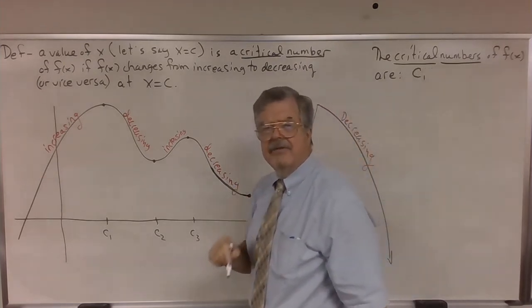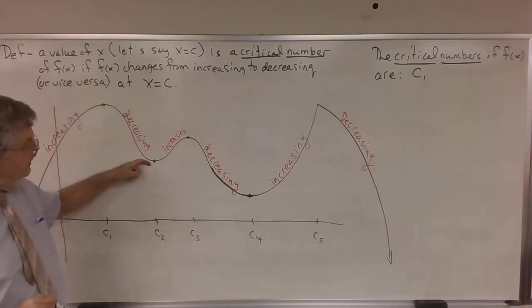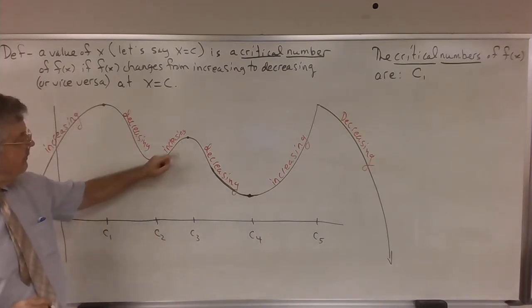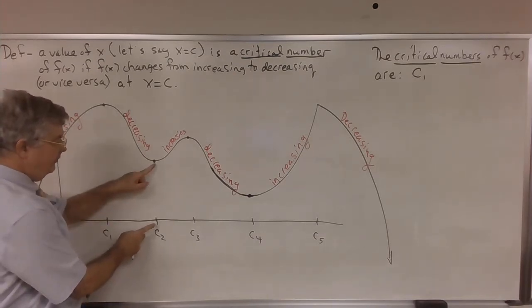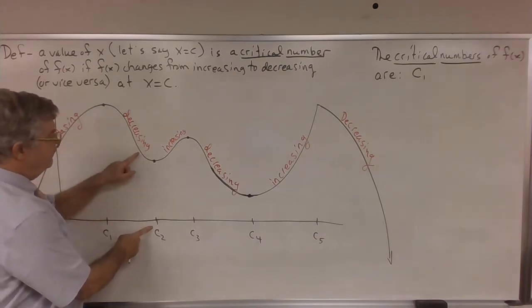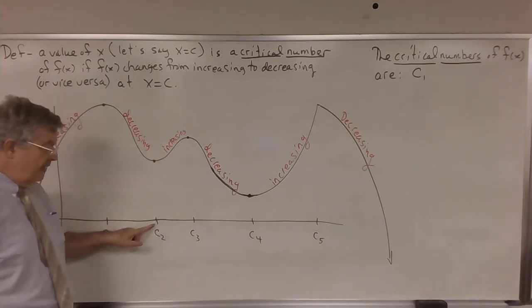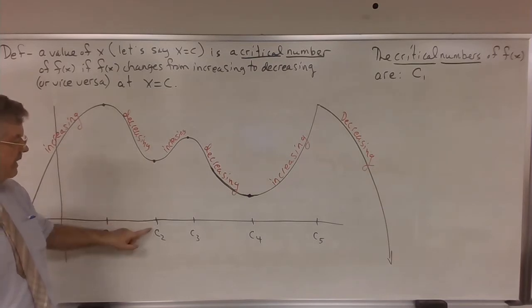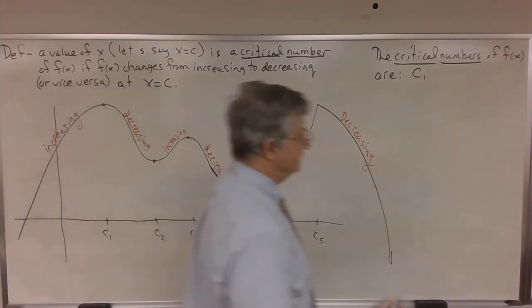Do we have any others? Well, here the function's decreasing, and here it's increasing. So right here at this point where x equals c2, the function changes from decreasing to increasing. So the x value of this point, x equals c2, is a critical number.